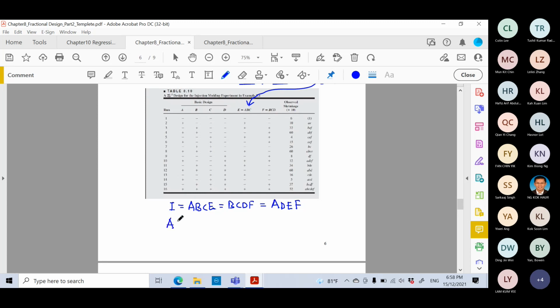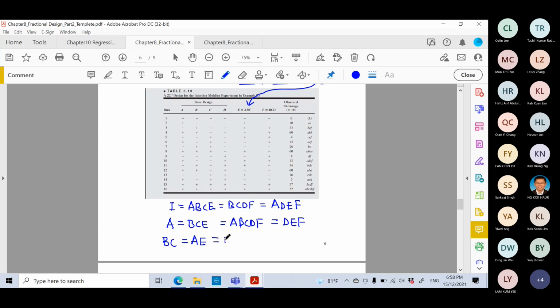The A will equal to the BCE will equal to the A. Okay, you can list out all the main effects. Of course, you also can list out the BC. You multiply BC, you get the AE.